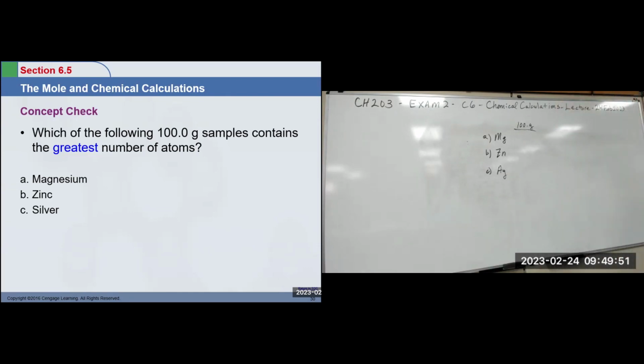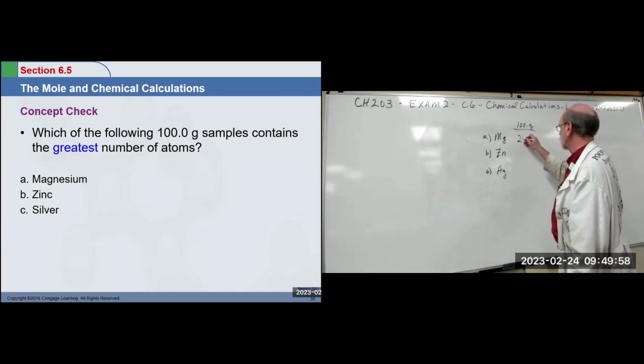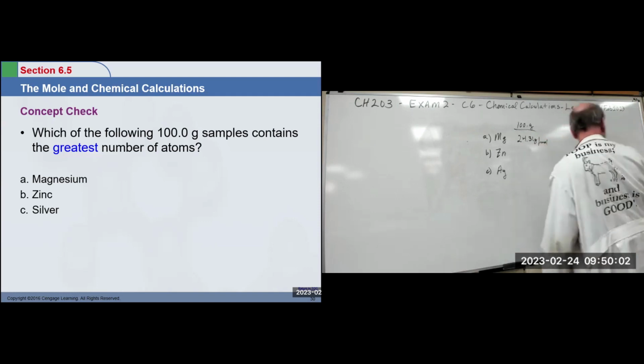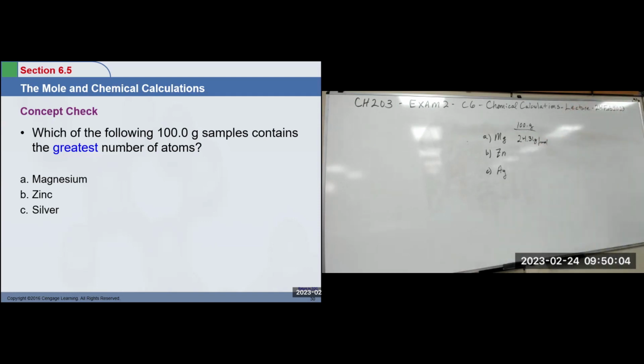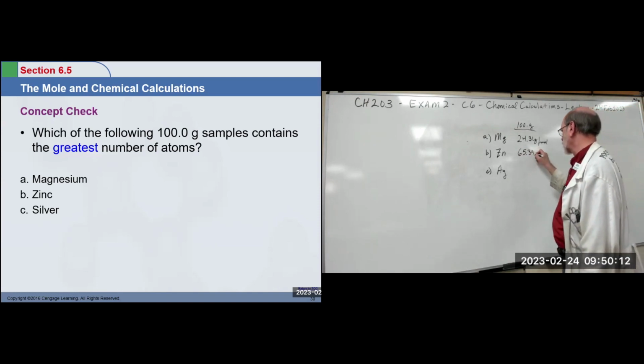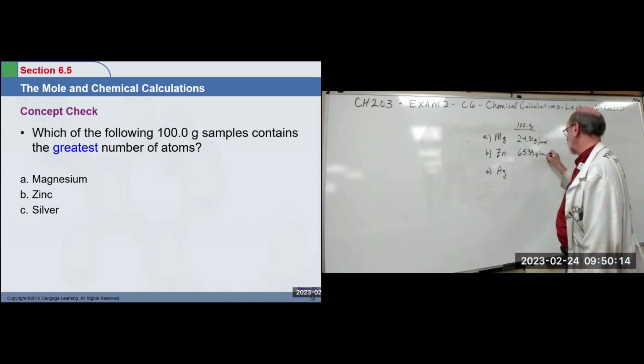Magnesium is about 24.31. Zinc is 65.39 grams per mole.